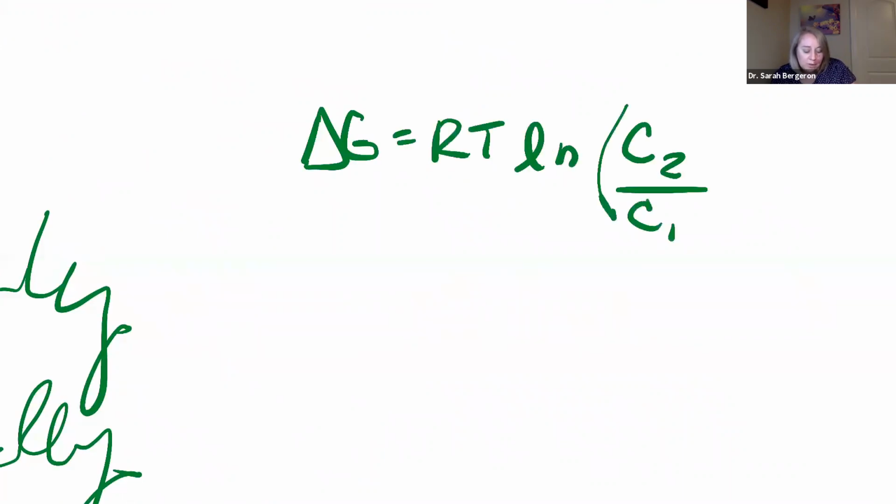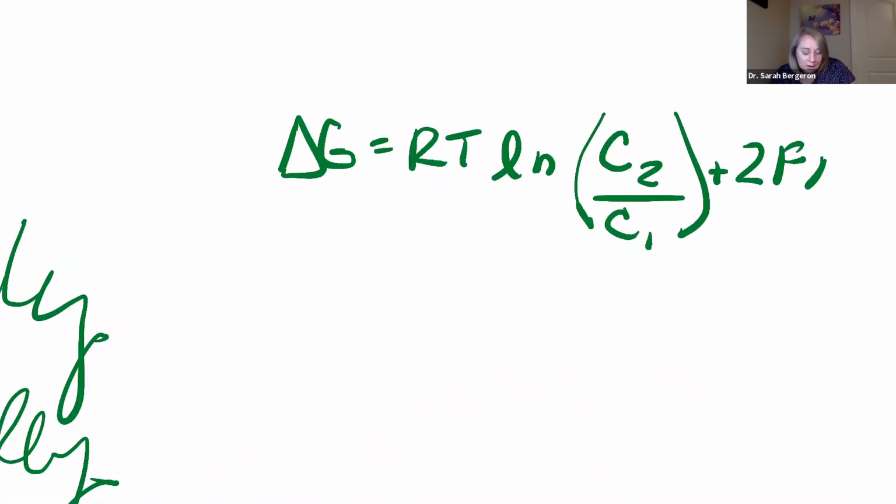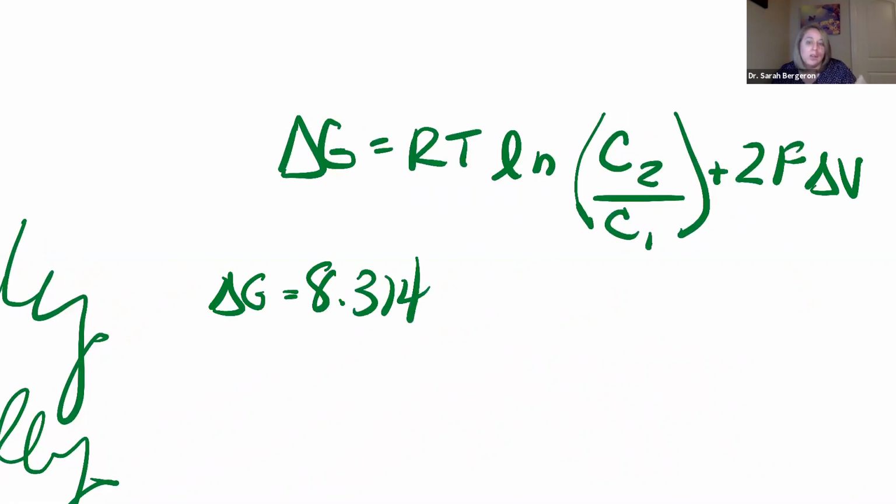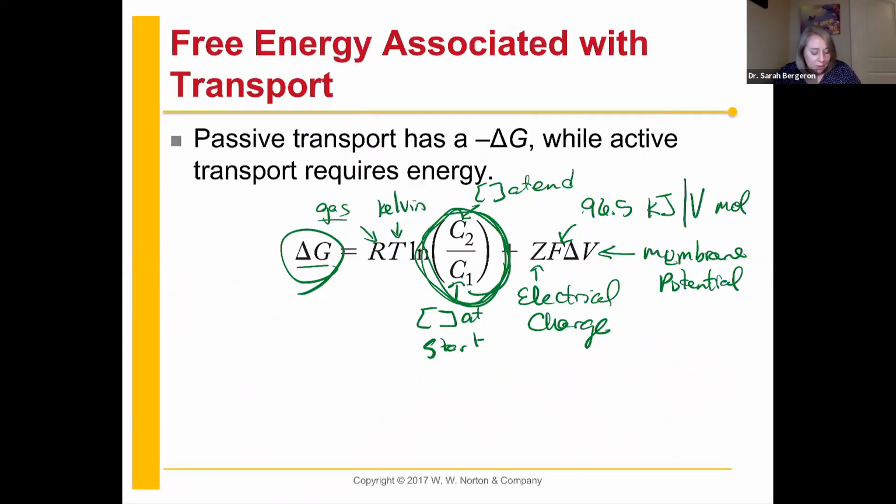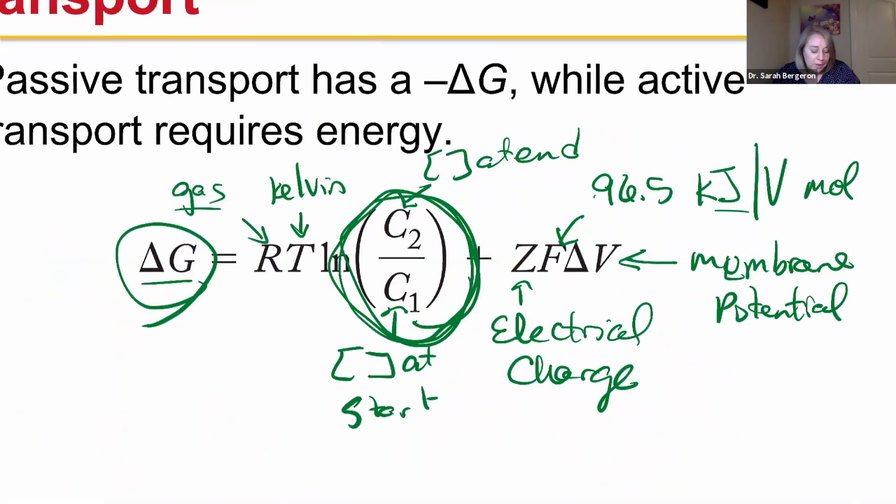So we have delta G is equal to RT ln concentration 2 over concentration 1 plus Z times Faraday's constant times membrane potential. Okay, so delta G is equal to 8.314 joules per mole K. But what did we say, that our Faraday's constant is in kilojoules, and our gas constant needs to be in kilojoules.